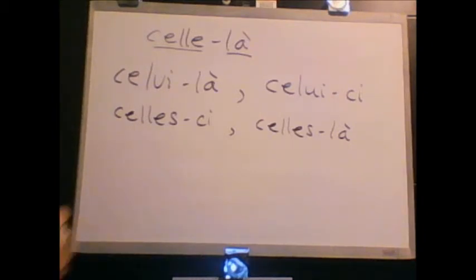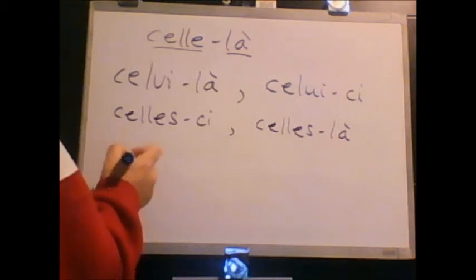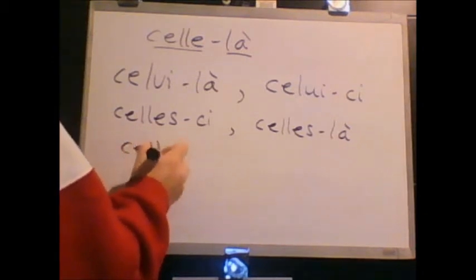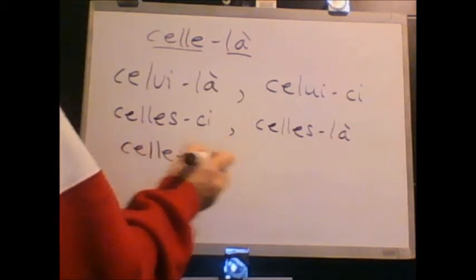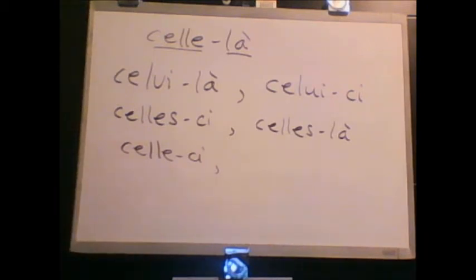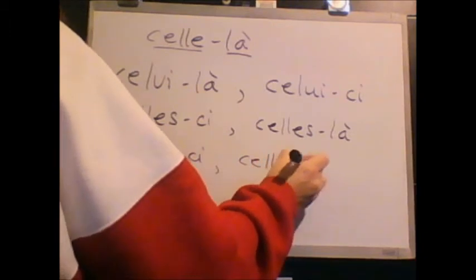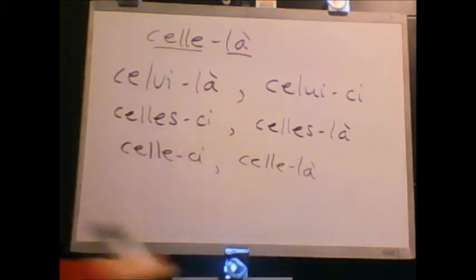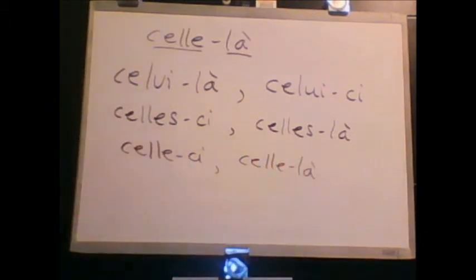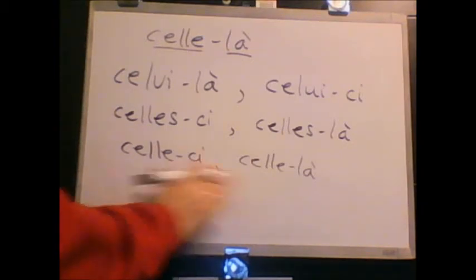So I want to say this one. Is that what I want to say first? Yes, this one. Celle. Celle-ci est bon marché. Et celle-là est très cher, coûte très cher. So this one and that one.